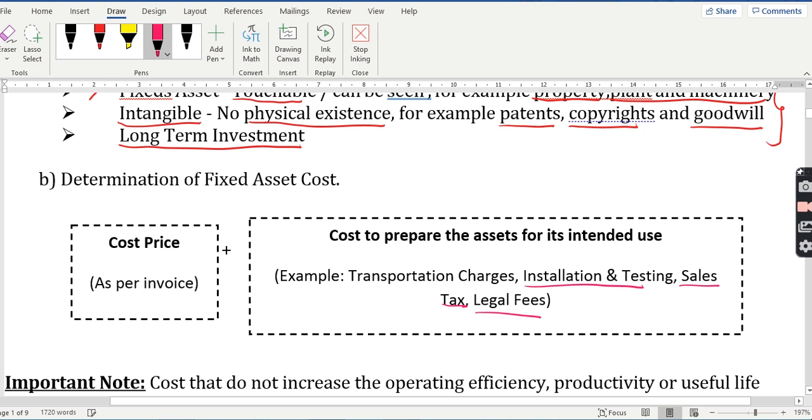This is to prepare the asset so that we are able to use it, for its intended use. So all the costs that we need to bear besides the cost price in the invoice will be included as the fixed asset cost.